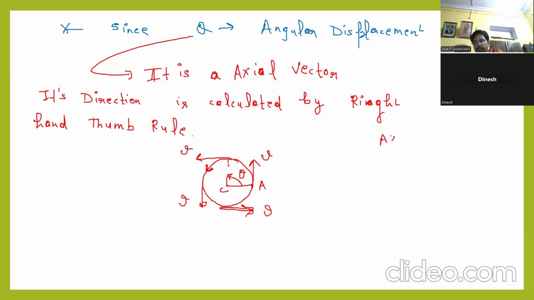What is the axis? Axis means you can write any straight line. If the axis is not given, always take the straight line passing perpendicular to the center.